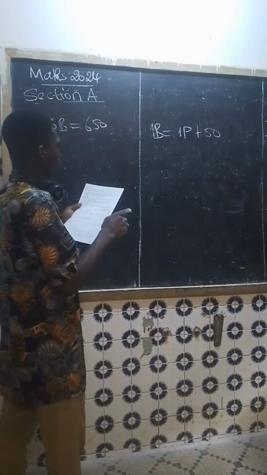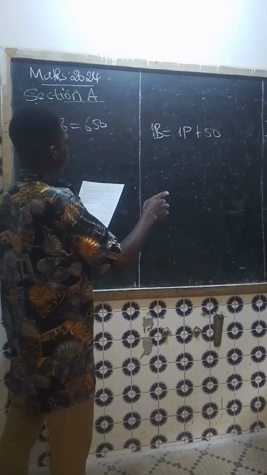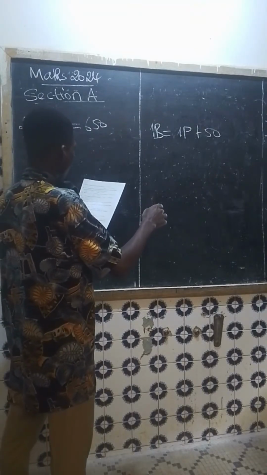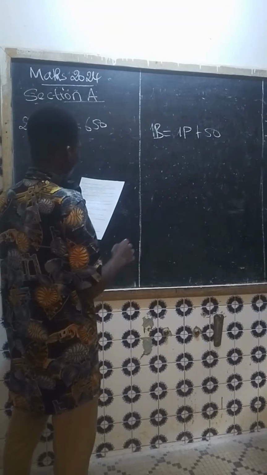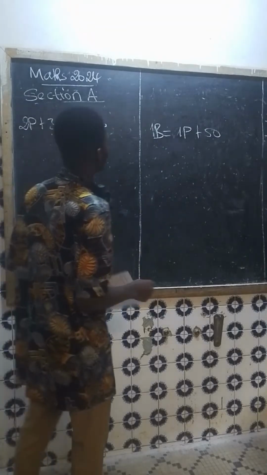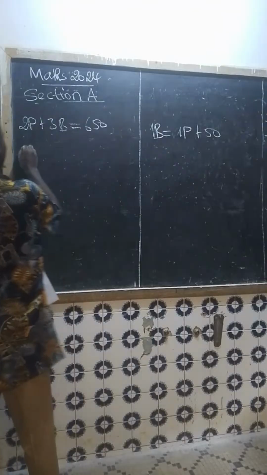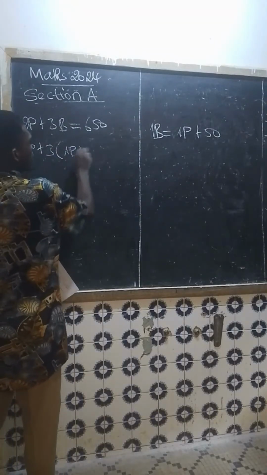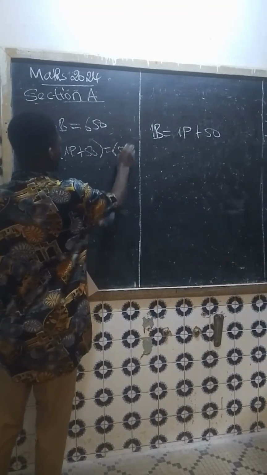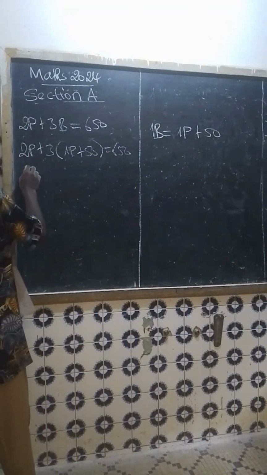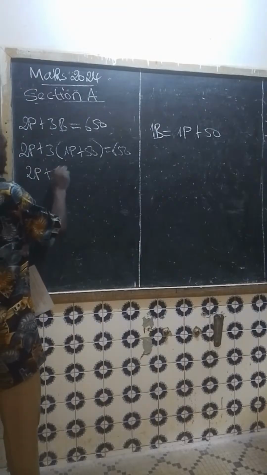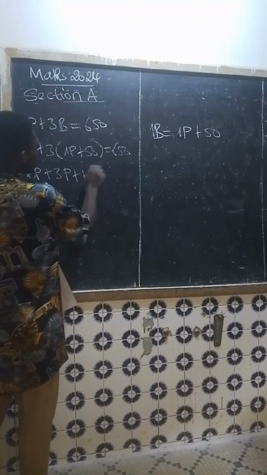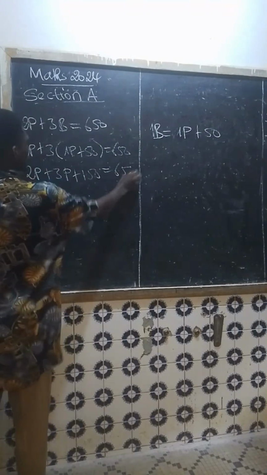Then we need to find the cost of a book in francs CFA. So we simply replace that here. 2 pens plus 3 times pen plus 50 is 650. So this means we have 2p plus 3p plus 150 is 650.